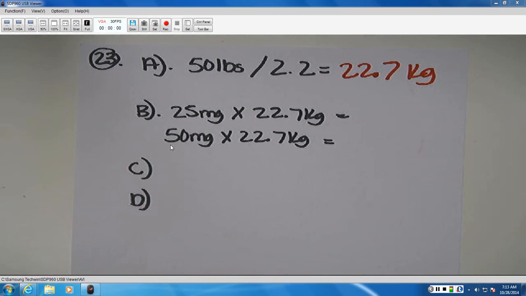B is, what is the safe recommended dosage or range for this child? The recommended daily dosage is 25 to 50 milligrams per kilogram per day.